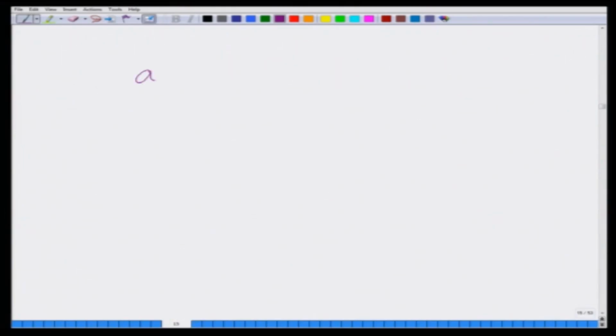Previously, what we said is that in a CDMA communication system, each symbol is multiplied with a code. For instance, let us say I have a symbol A1 of user 1 that is multiplied with the code 1 minus 1 minus 1 minus 1 to generate the samples A1, minus A1, minus A1, and A1.